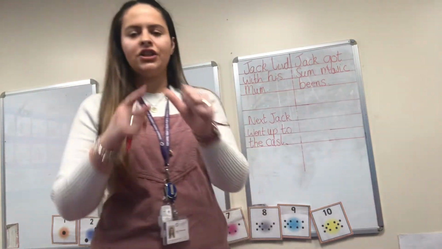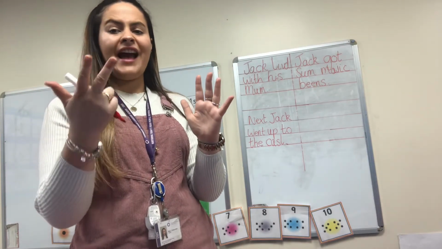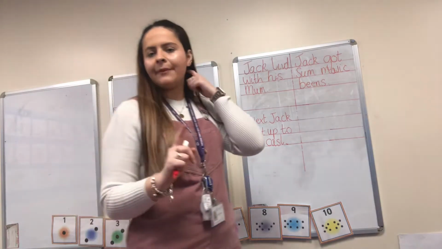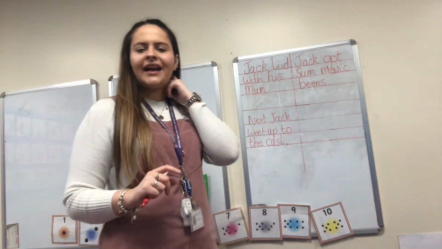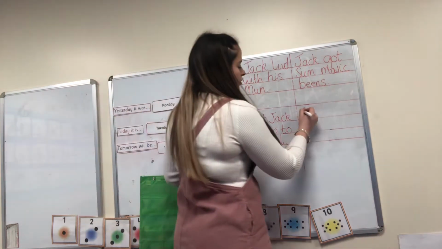So we're going to write Jack and his mum lived happily ever after. That's quite long, isn't it? 8 words. But the last bit I'm going to help you with, okay? So let's write Jack and his mum. First word, Jack. J-A-K.